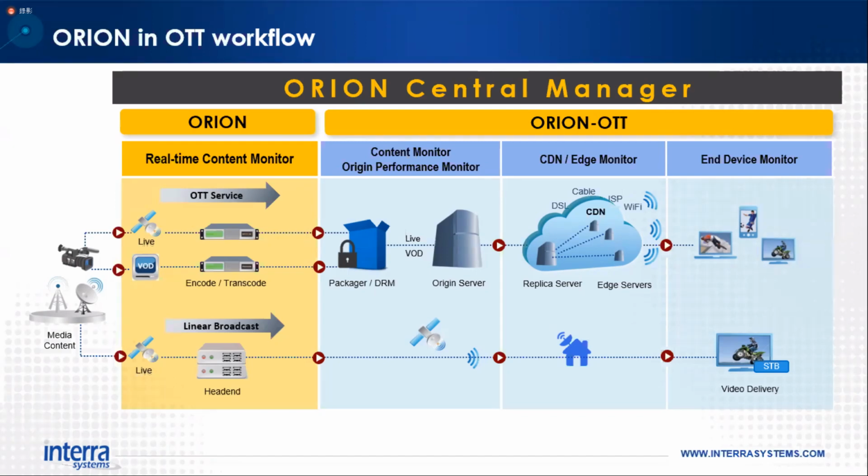It may be due to a stalling or buffering issue, and that buffering issue at the end device monitor may be due to service availability or transport related issues at the previous workflow probes. So we have a correlation type of presentation in OCM as well.